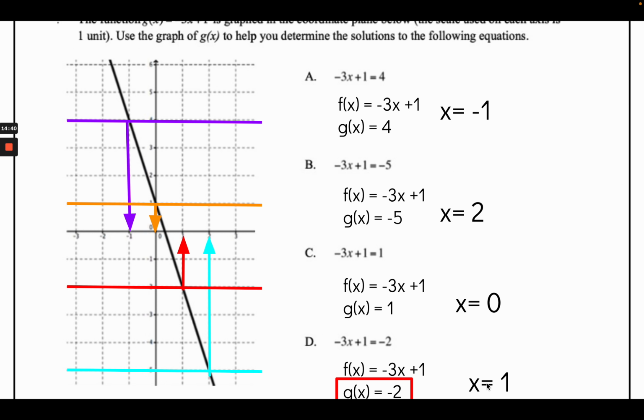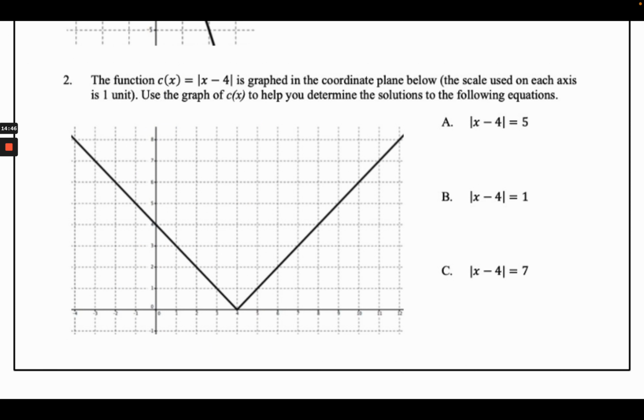Okay, how you doing so far? Okay, we have one more section of this graphic organizer, and it's going to be this bottom one. So I'm actually going to have you pause this and do it on your own. And again, I expect you to split the equations and show the two new equations.